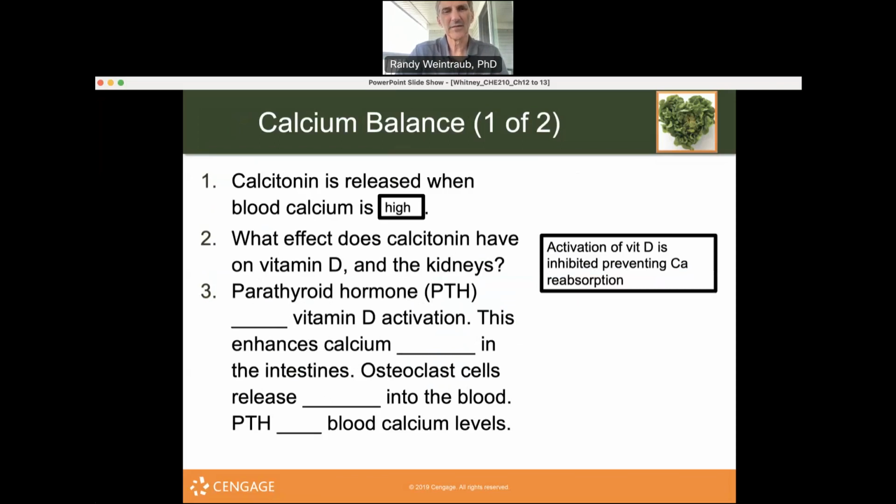Parathyroid hormone. This stimulates vitamin D activation, which enhances calcium absorption in the intestine. Osteoclast cells, these are bone cells, release calcium into the blood.